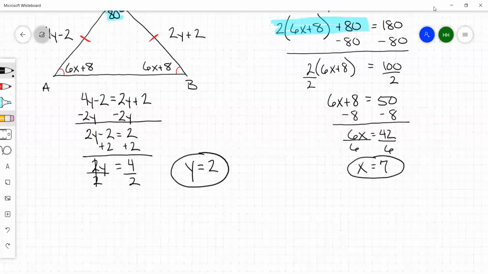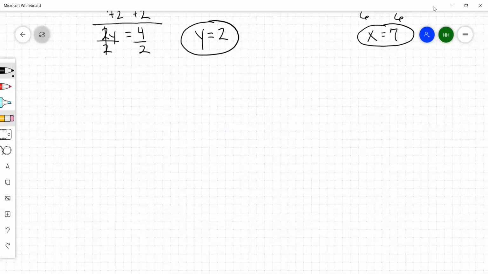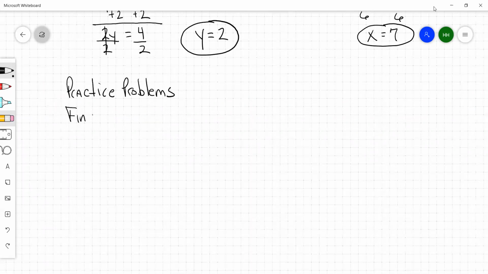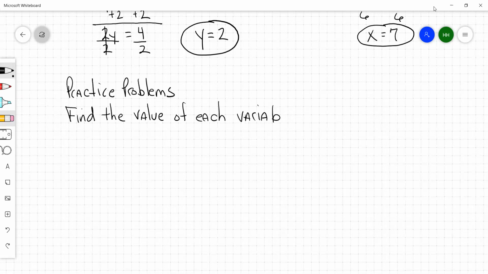Okay, your practice for today. The first thing I'm going to have you do is copy down a couple of problems. You are going to find the value of each variable. I'm going to call this number 21.